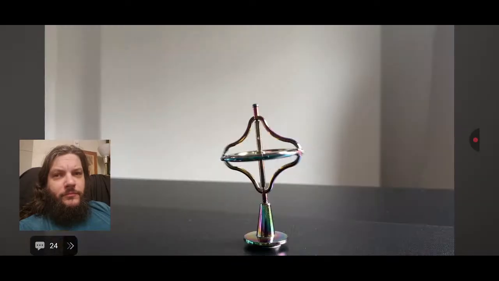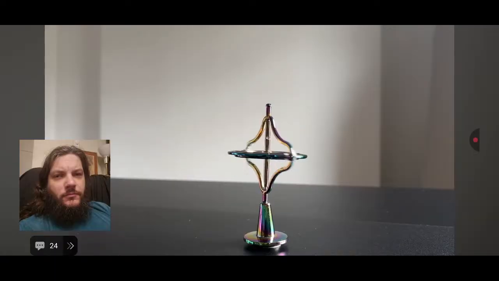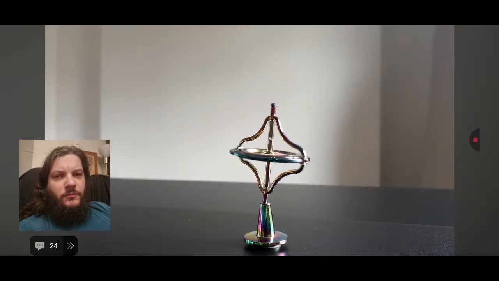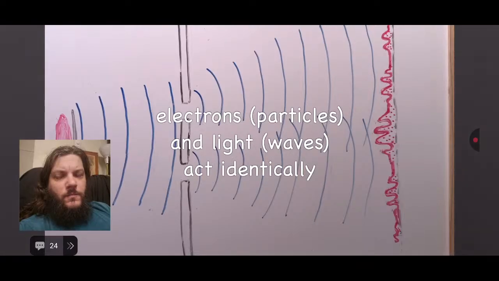But yeah. Did you know that you could do that exact same experiment again using the spin of the electrons? The maths is the same. So the real lesson from the double slit experiment is that both electrons, which we think of as particles, and light, which we think of as waves, act identically.